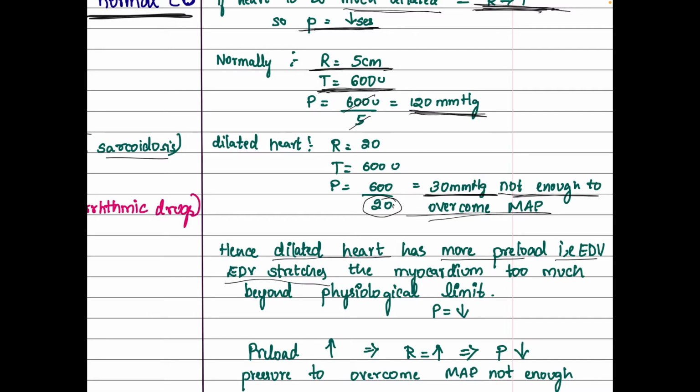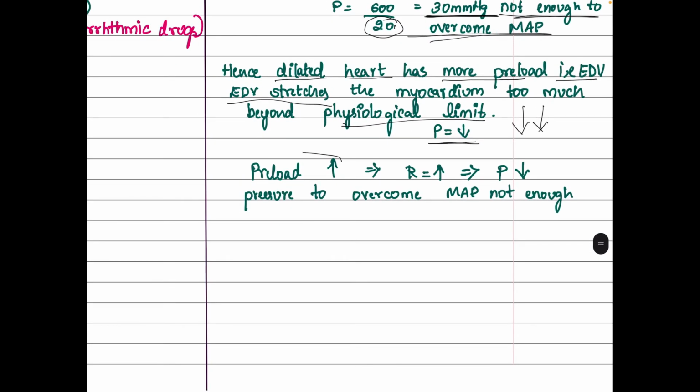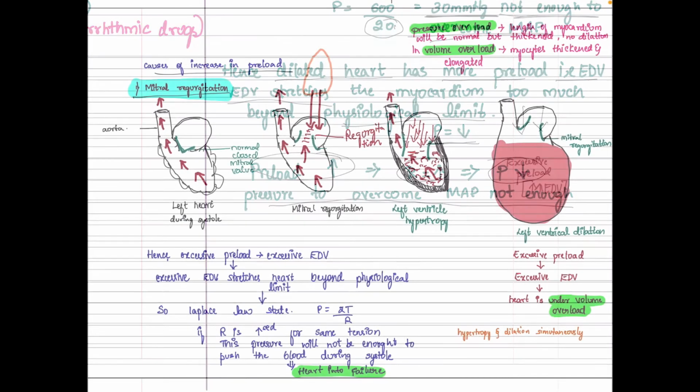End diastolic volume stretches the myocardium too much beyond the physiological limit, so more and more blood accumulates in the ventricles. This leads to pressure decreasing more. When preload increases, the radius increases and the pressure decreases. Hence, pressure to overcome the mean arterial pressure is not enough.